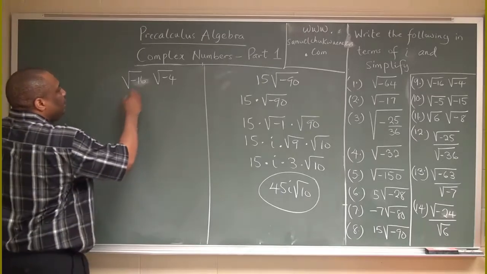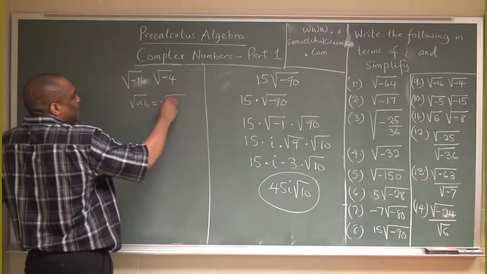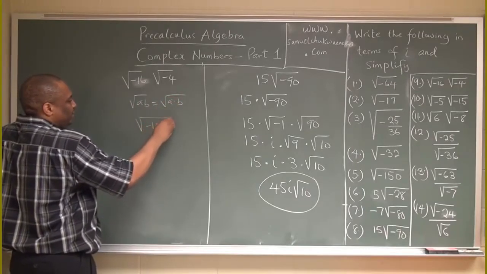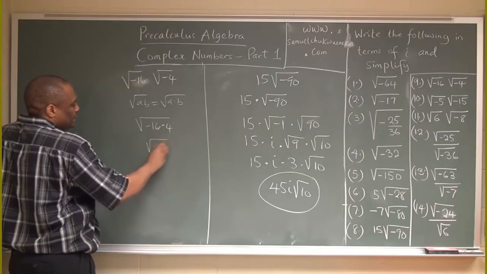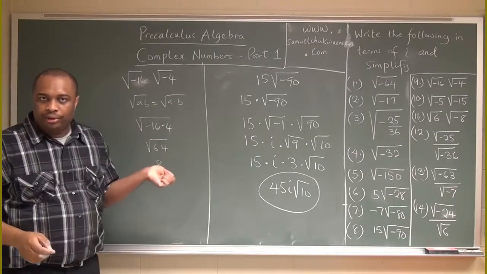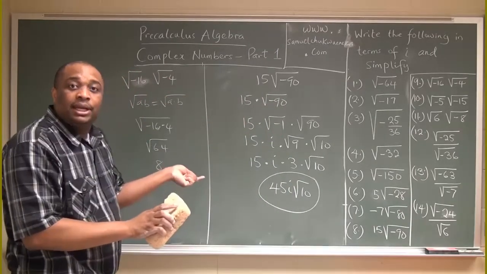They might say, okay, law of radicals, square root of A times square root of B equals square root of A times B. They might do square root of negative 16 times square root of negative 4, which is square root of 64, which is 8. Wrong.